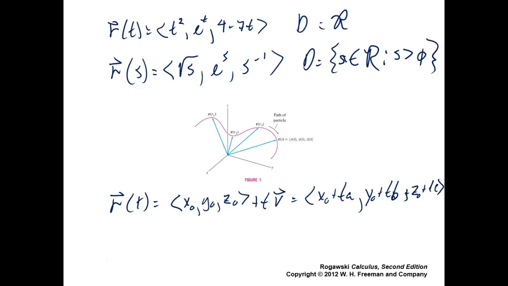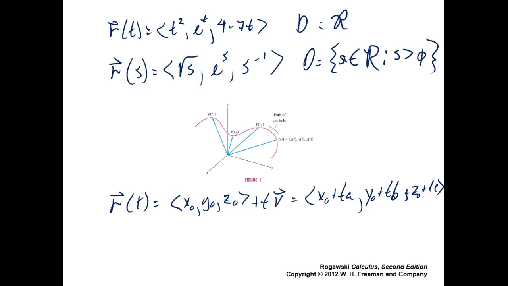The curve c is the set of all points x of t, y of t, z of t, those are points in parentheses, as t ranges over the domain of r of t. The path is a particular way of traversing a curve. It may traverse the curve several times, reverse direction, move back and forth, and so on.